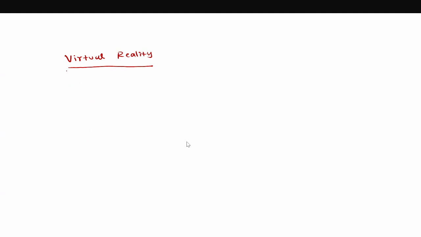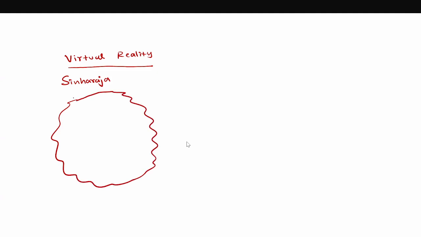For example, if anyone has not been to Singharaja forest, we can create a virtual Singharaja, right? We can take pictures of Singharaja and use techniques to convert them to a virtual, it could be graphical or highly realistic images, right? This virtual Singharaja.